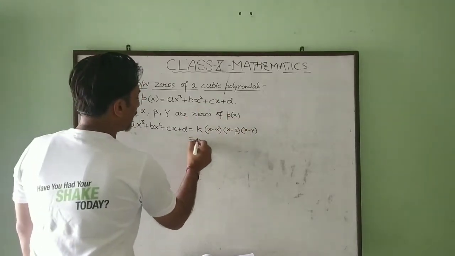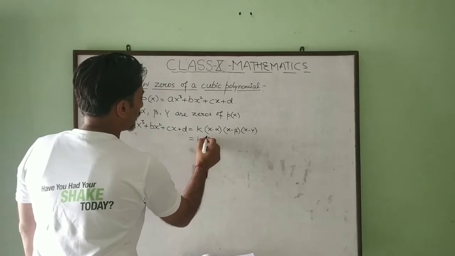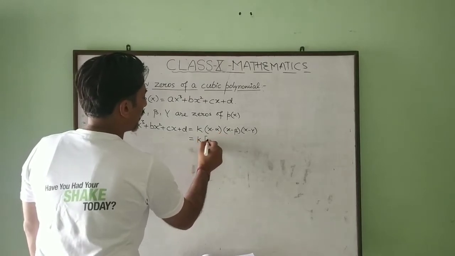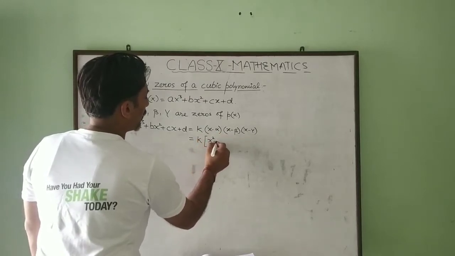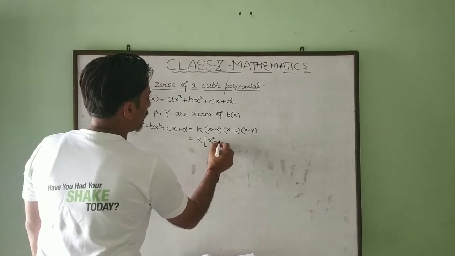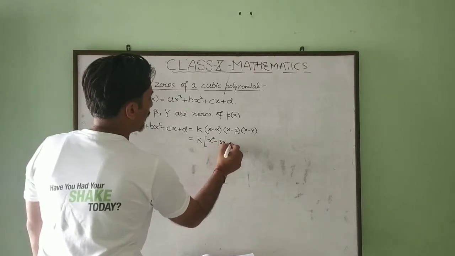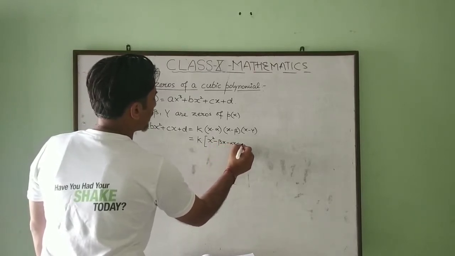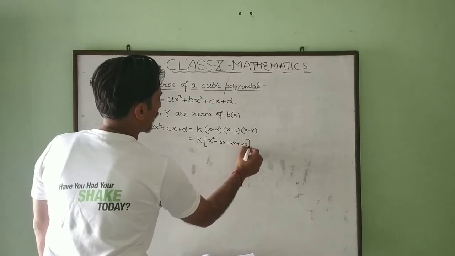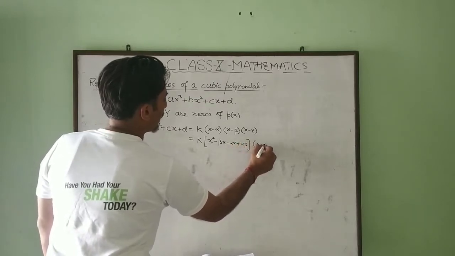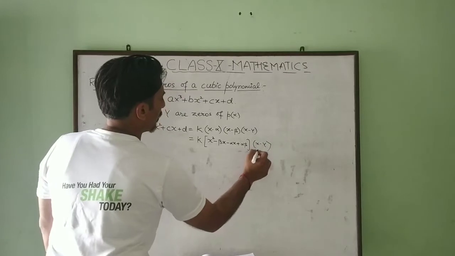Now I'll simply multiply this: k times (x square minus beta x minus alpha x plus alpha beta) and (x minus gamma).